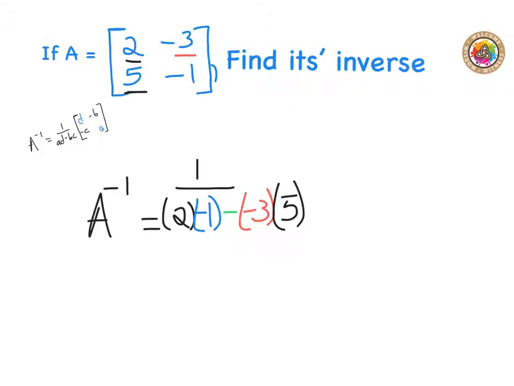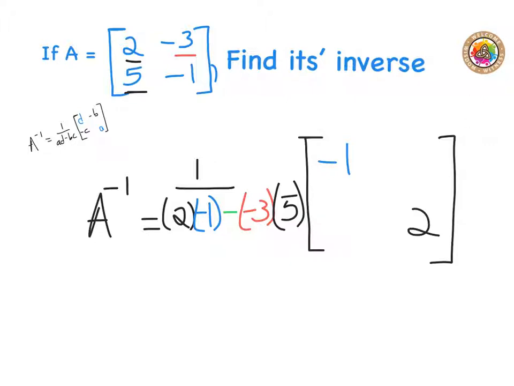And that determinant is multiplied by the adjugate of the matrix. So that's where I swap the positions of the first and the fourth, so the 2 will come down here, and minus 1 goes up into its position.